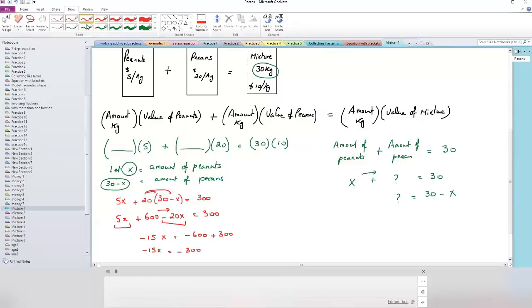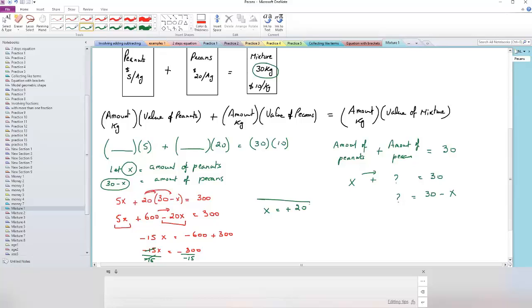Now to isolate the x, I need to divide by negative 15 on both sides. That means the negative 15 is going to cancel the other one because I can simplify them together. So it's going to be x equals negative divided by negative, which is positive, 300 divided by 15, which is 20.